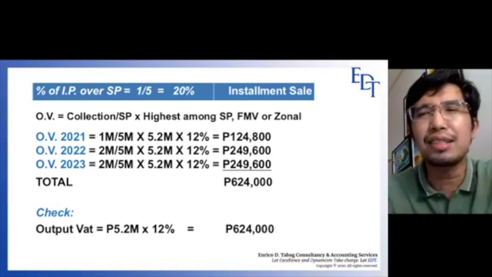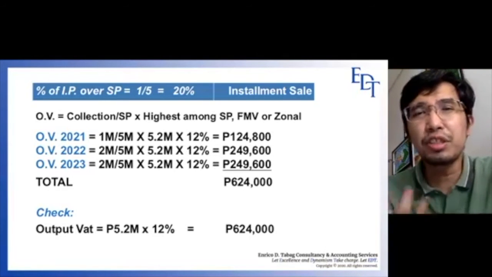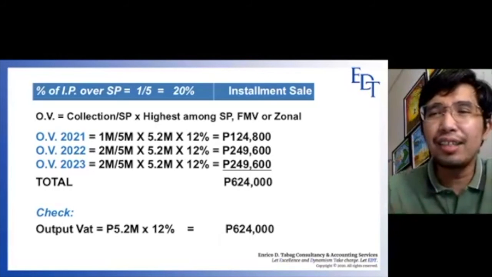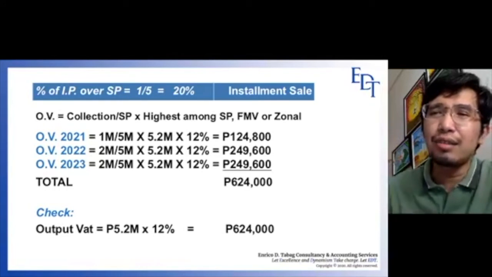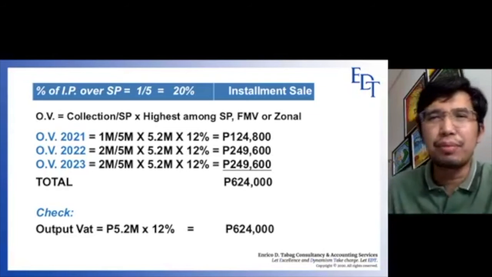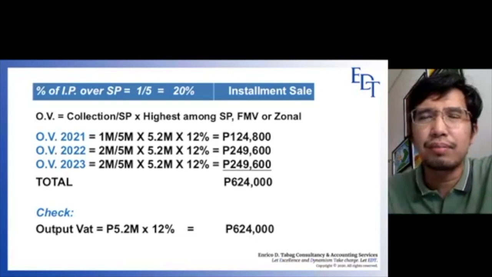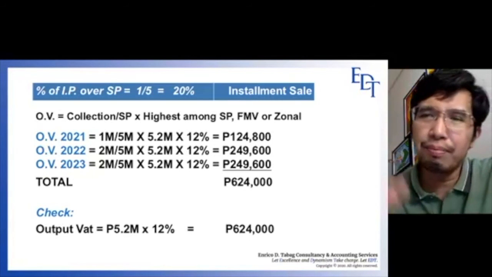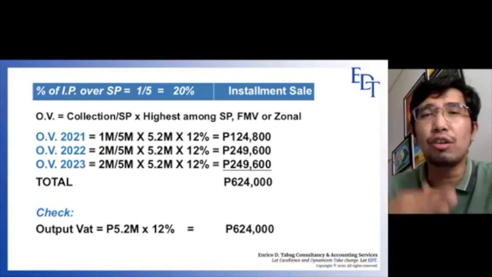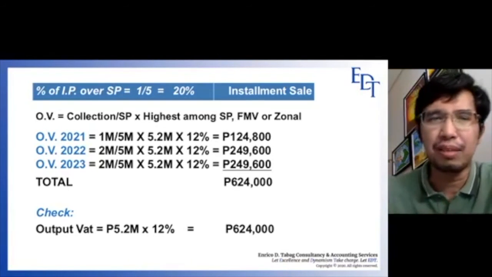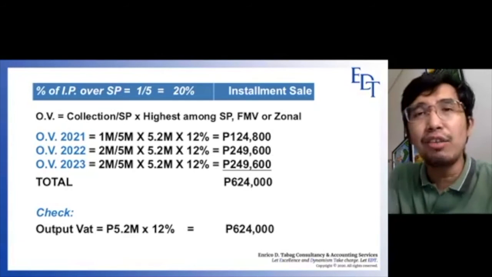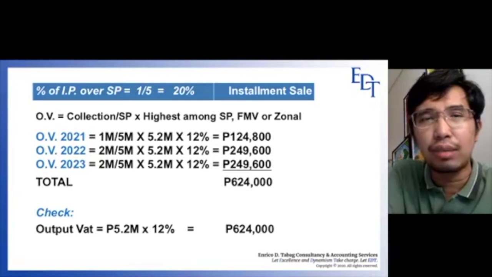So, installment sale yan. So, kung installment sale yan, pwedeng hindi mo i-report agad-agad yung buong output VAT pertaining to 5.2 million. Pwede siyang paunti-unti based on your collection and initial payment. So, magkano ang i-report natin na output VAT sa 2021?